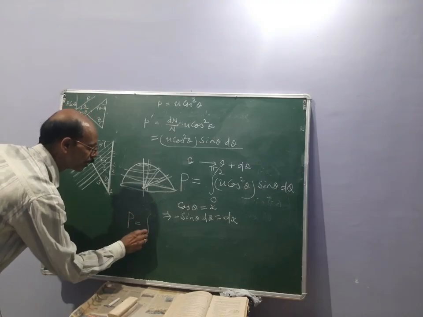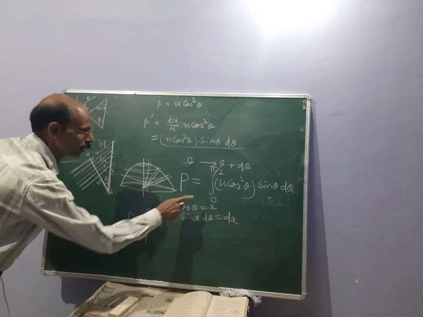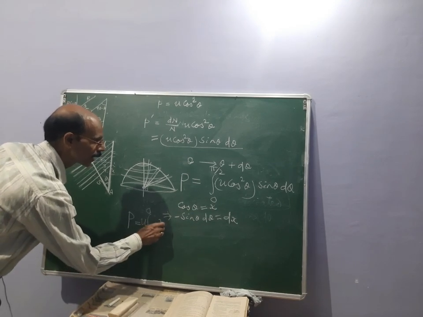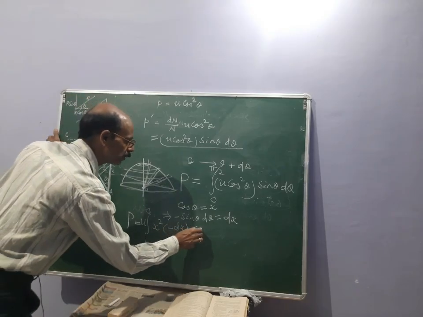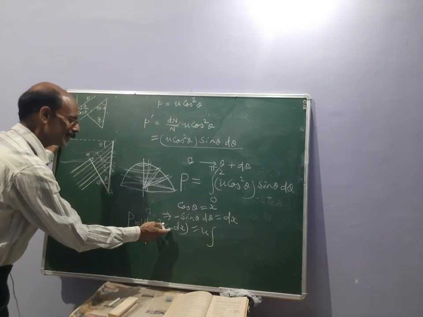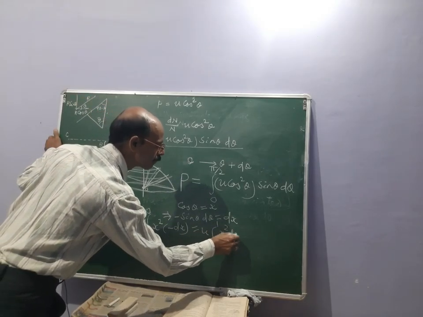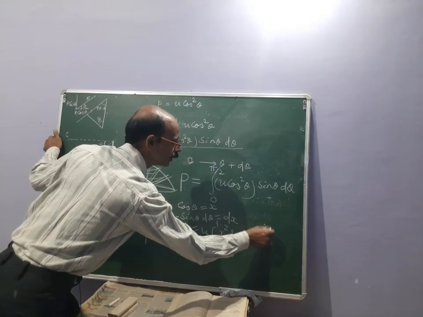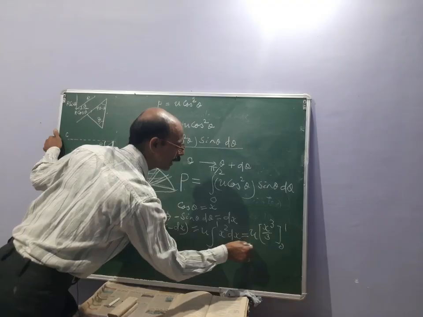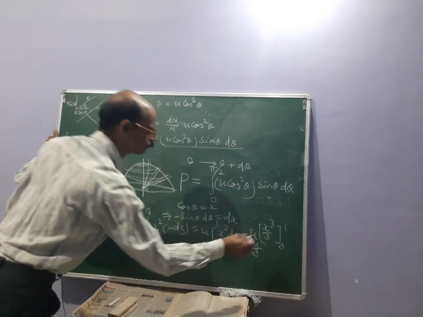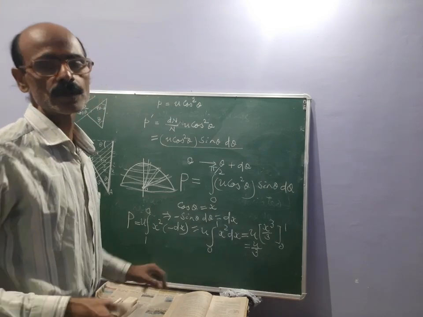So P will be, 1 to 0, u को बाहर ले आते हैं, cos²θ की जगह x² और sin θ dθ की जगह minus dx. If we eliminate this negative sign, it will be the integral from 0 to 1 of x² dx, and we will obtain x³ by 3 with range 0 to 1, and that is equal to u by 3. So the pressure due to diffuse radiation is 1/3 of the energy density.